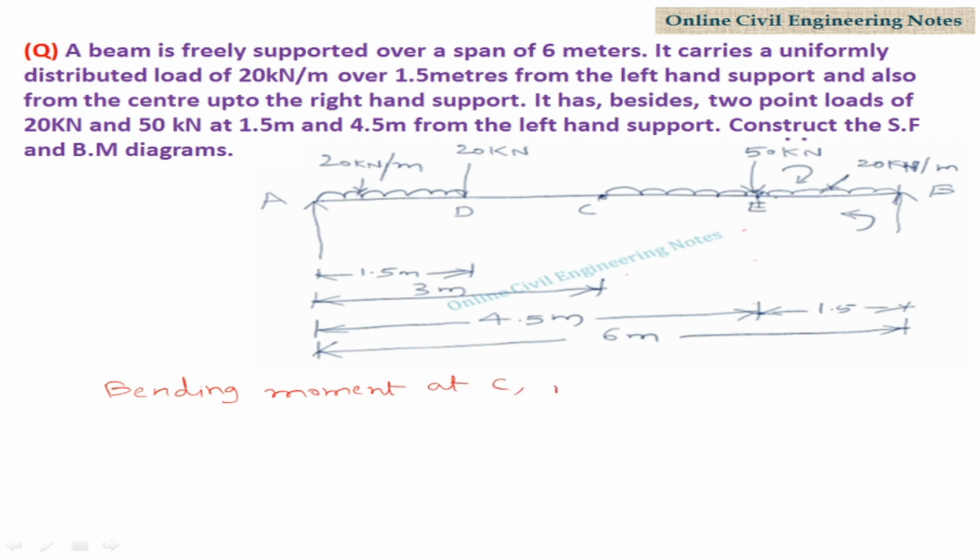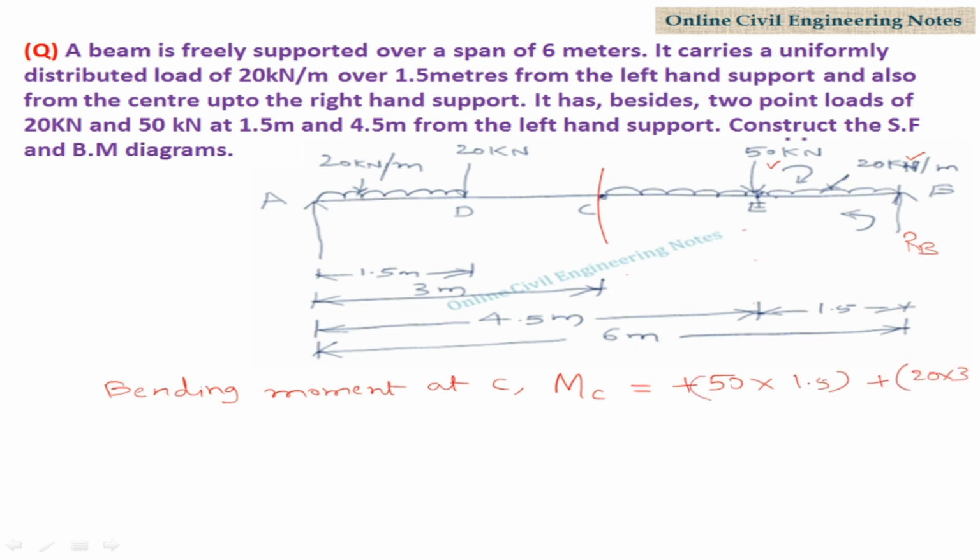Bending moment at C, MC. Take the right hand side part of the C. Here one point load is acting 50 kilonewton and 20 kilonewton per meter is acting. These two are acting clockwise and RB is acting in anti-clockwise direction. So take the clockwise moments positive and anti-clockwise moments negative. Plus 50 into 1.5 plus 20 into 3.